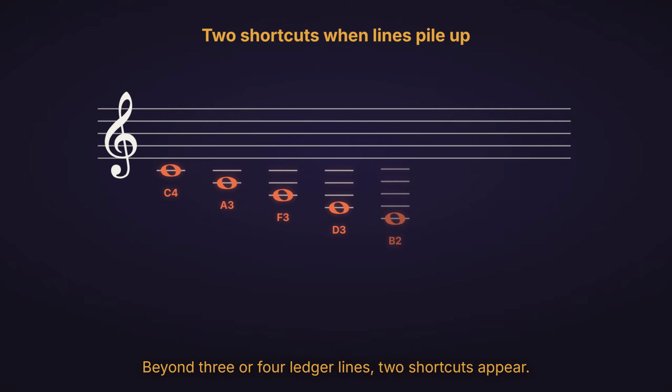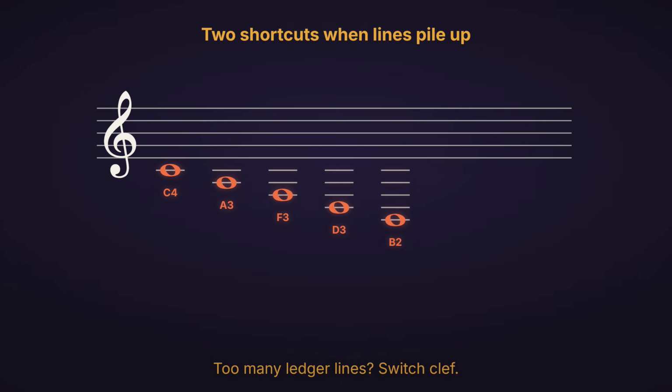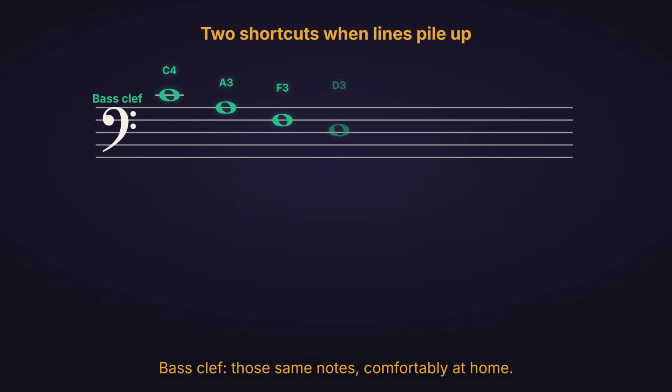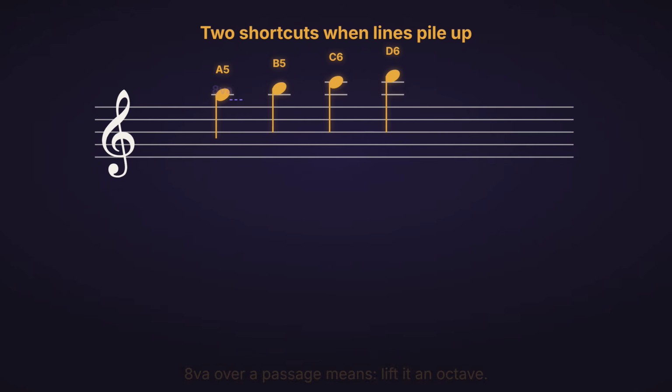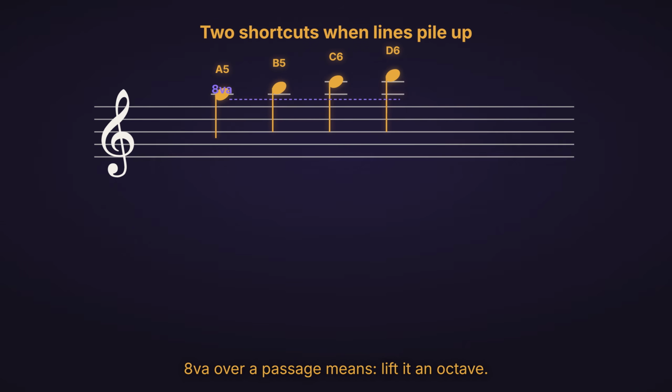When ledger lines accumulate beyond 3 or 4, 2 practical shortcuts appear in real music. The first is a clef change. If the melody descends so far that it would need 6 or 7 ledger lines below the treble staff, the composer simply switches to bass clef where those notes live comfortably on the main staff lines. The second shortcut is the marking written as 8VA, placed above the staff with a dotted line.